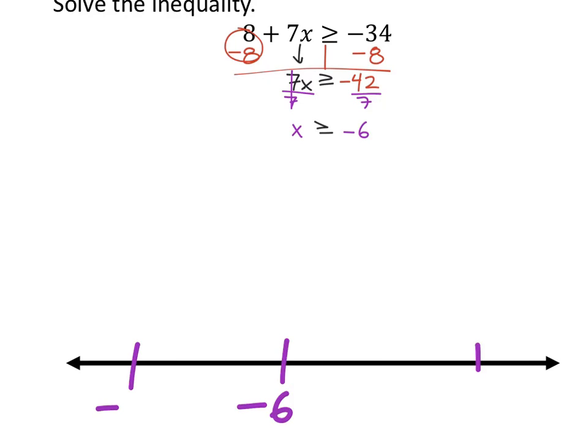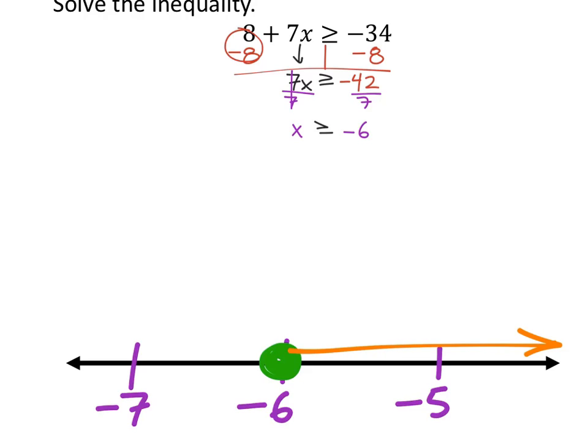I could have done a better job on my spacing on this, but fine. There's negative 5. Well, on this number line at negative 6, I can see x could equal negative 6, so I got a closed circle there. And this one, eating the x, boom. We'll make this line go to the right. And we're done.